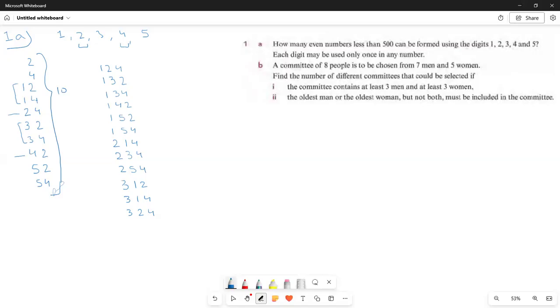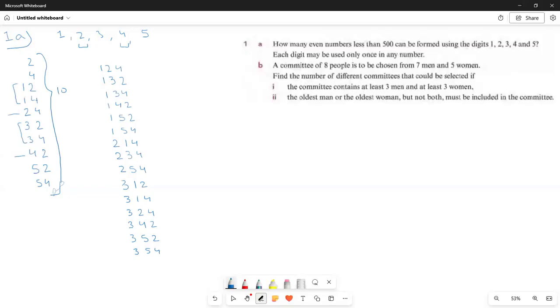I again have to switch this tens digit. I cannot make 3, I have to make 4. So when I make it 4, I have to make it 2 here. And then I cannot make it 4, so I have to switch this 3 and 5. And again 2 and 3, 5, 4.